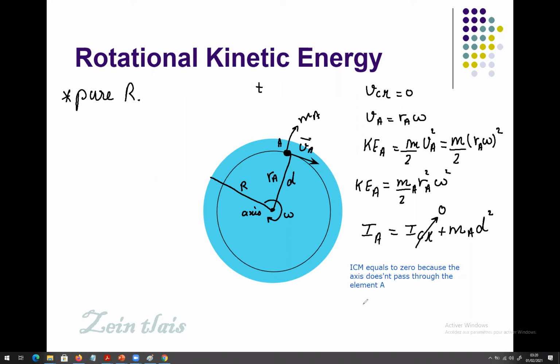So we can say I A equals to MA times RA square, okay.